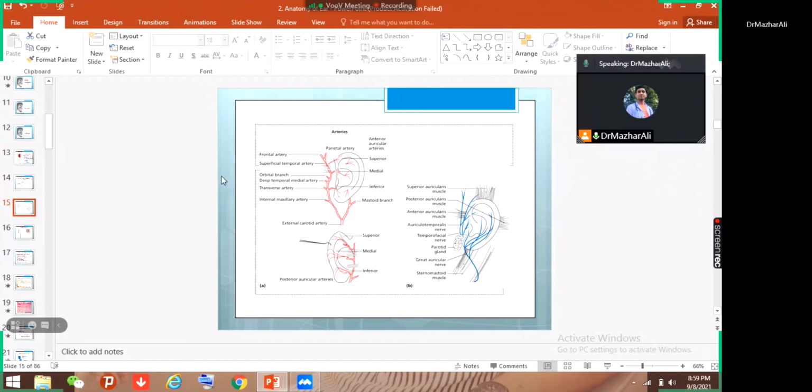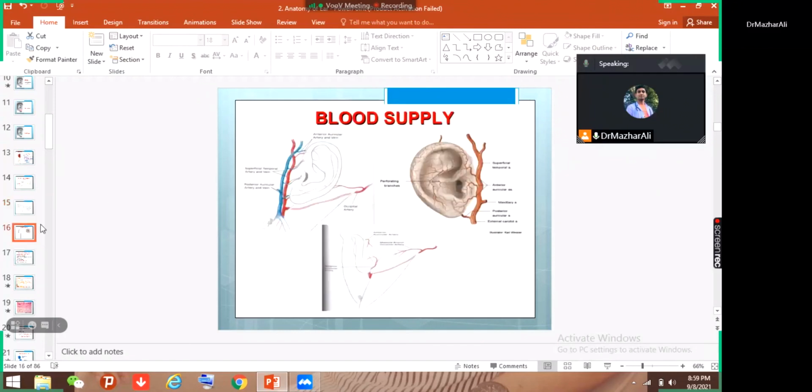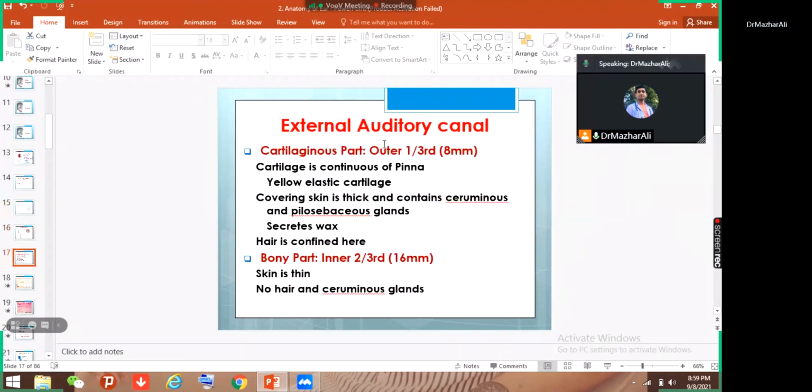Now the blood supply, this is the same thing we discussed previously. This is how the carotid artery supplies blood to your ear. Then what is the external auditory canal? I already discussed it. One part is cartilaginous and the other is bony.